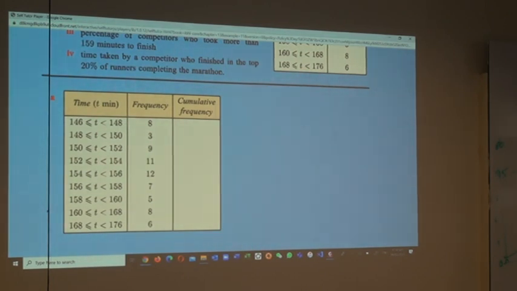The cumulative frequency for the first interval is 8. 8 runners finished faster than the upper bound of this interval. Does that make sense? The cumulative frequency for the second interval is 8 plus 3, which is 11. 11 runners finished faster than the upper bound of this interval. We continue this process, adding the frequency of each successive interval to the previous cumulative frequency.